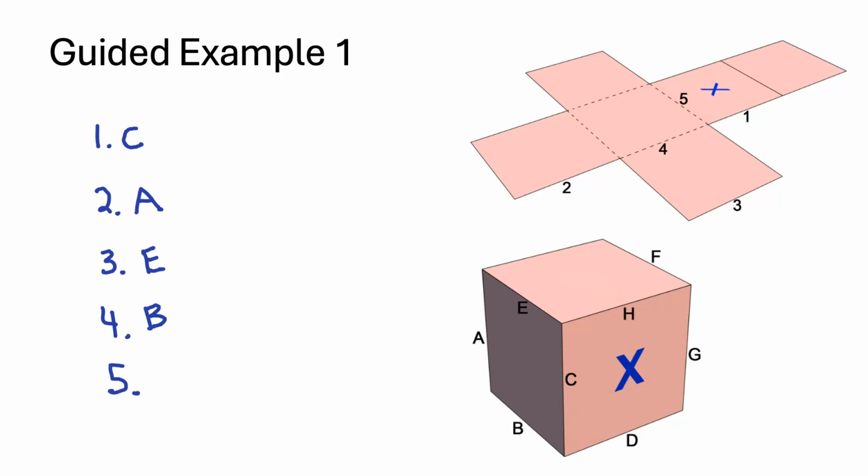And we said that number 1 is C. So if number 1 is C, we're looking for the edge that is at the base of the X. So you can see 5 here is on this dotted line just below the X. So if we look for that in our 3D representation, that would correspond to D. Now again, if we refer to our previous answers, just to make sure everything is consistent, we said that number 1 was C. So therefore, number 5 on the dotted line will be D. And again, you can see where these are with respect to one another to make sure that all of your answers are consistent. And indeed, they are. So number 5 will be D.